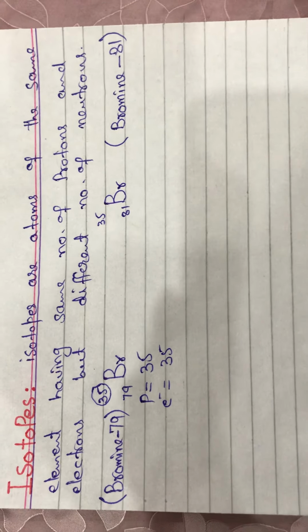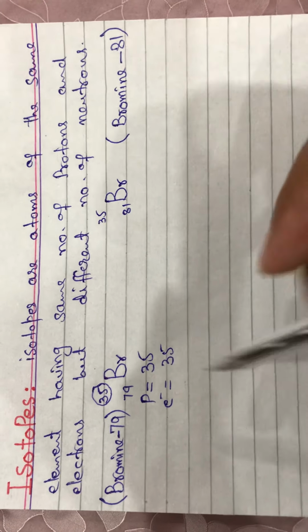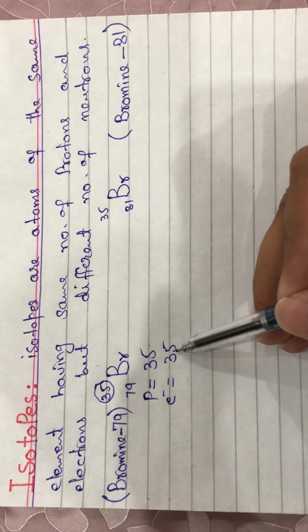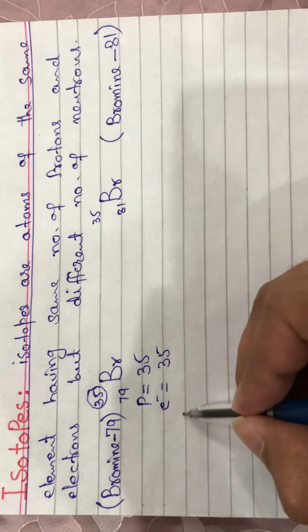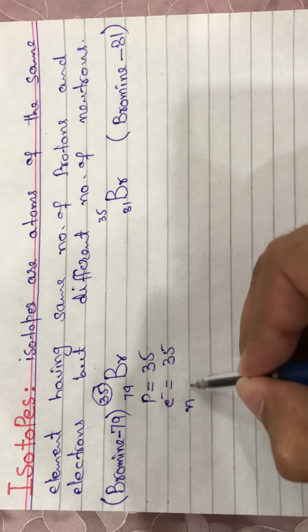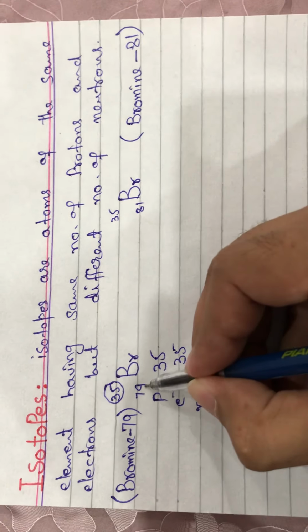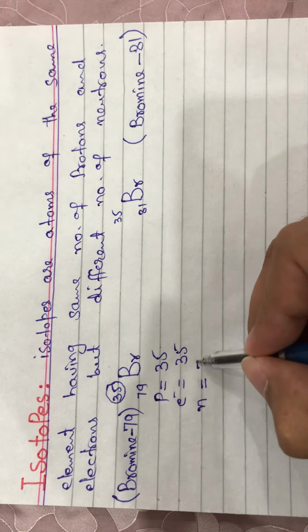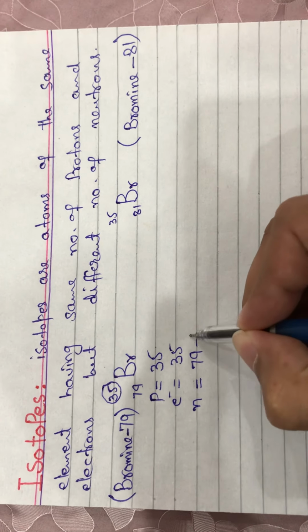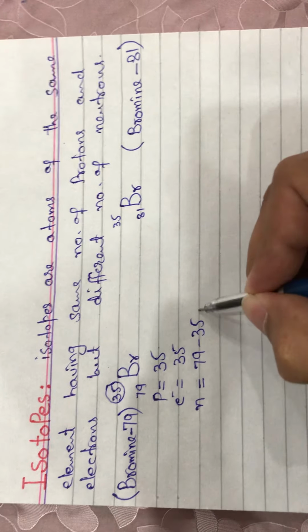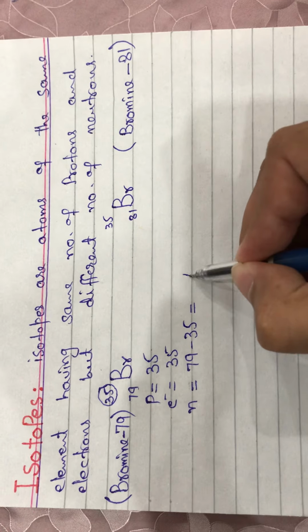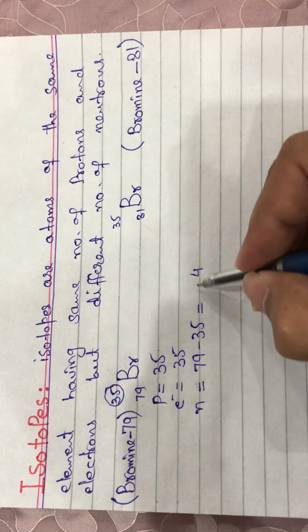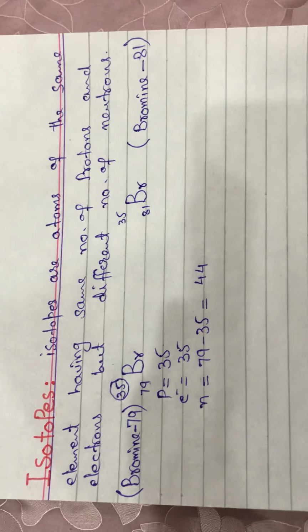So an electrically neutral particle has the same number of protons and electrons. Neutrons are atomic mass minus atomic number, 79 minus 35. The answer will be 44.